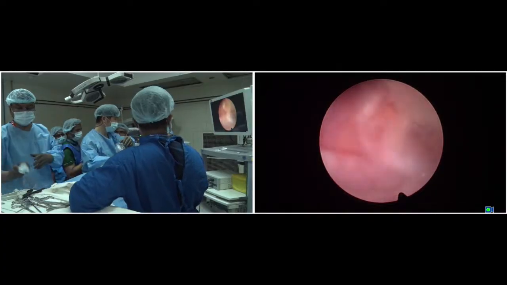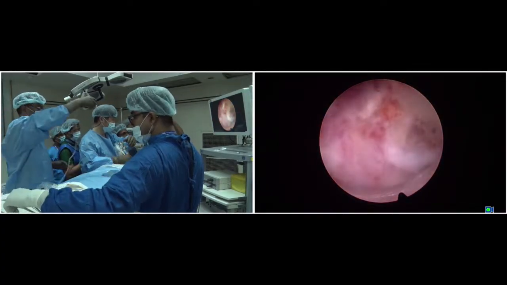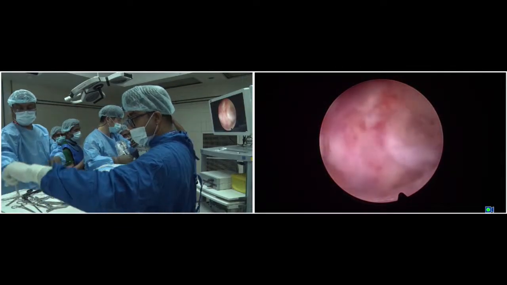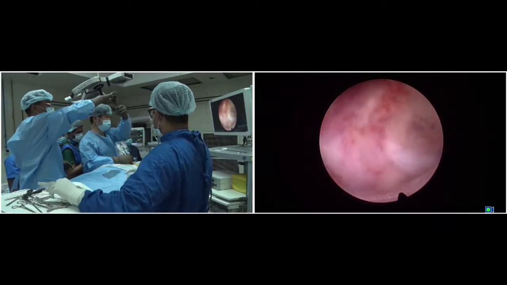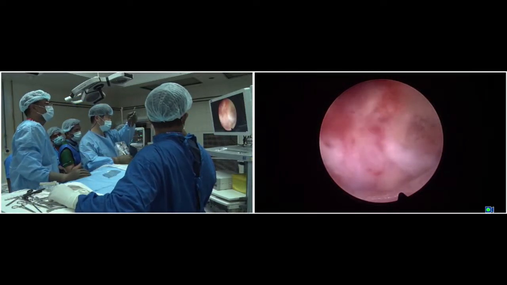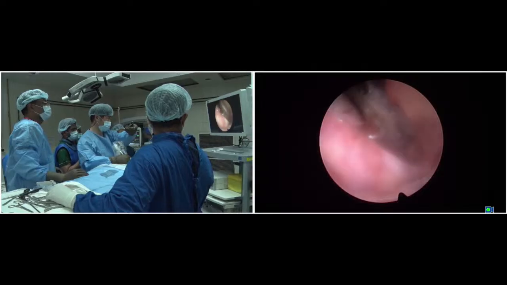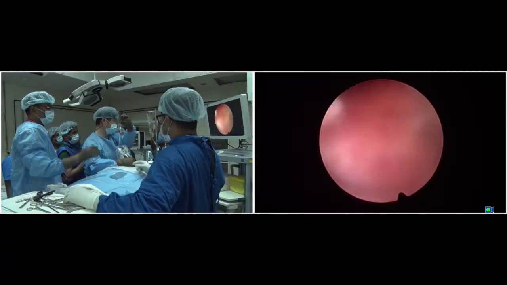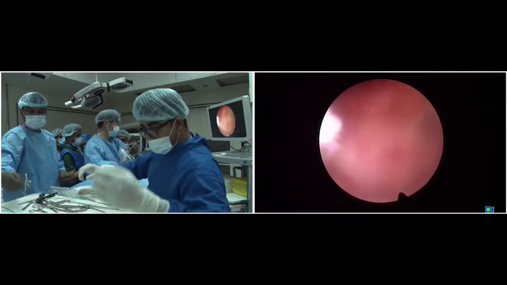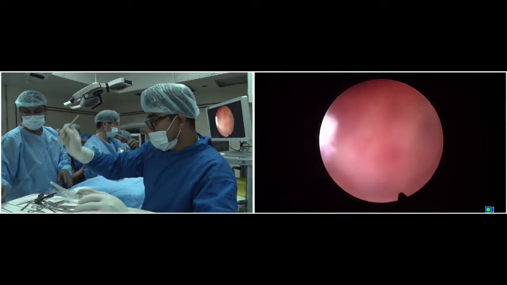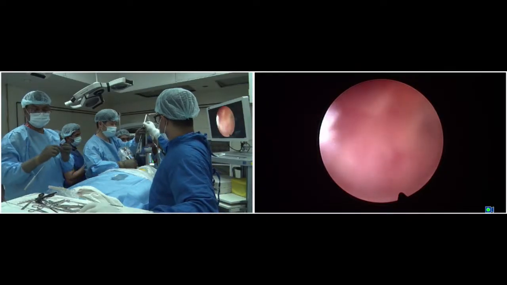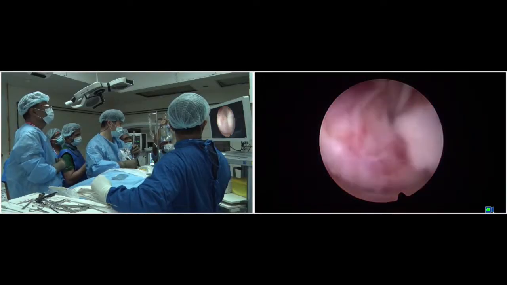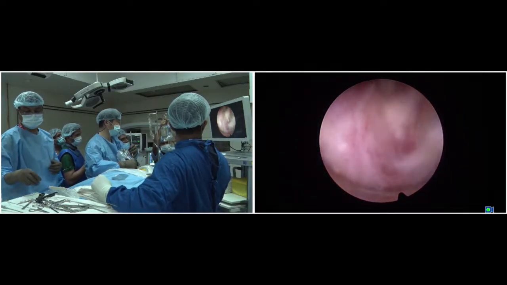Look. Small foramen. Yeah. Okay. Very small. That's good. Hook. Hook. Okay, it's fine. Okay, it's all finished.